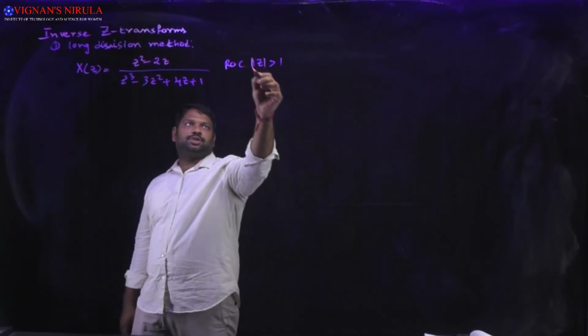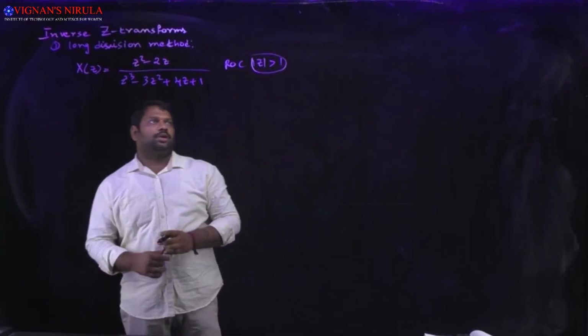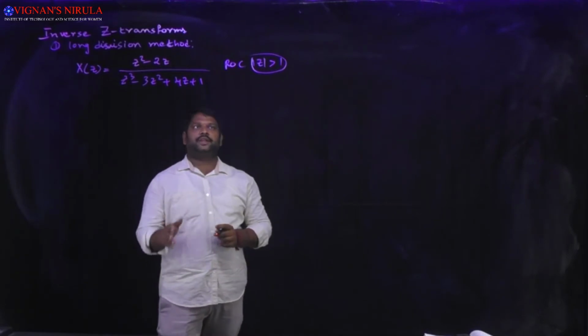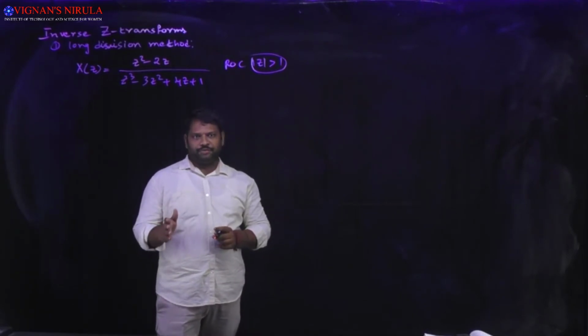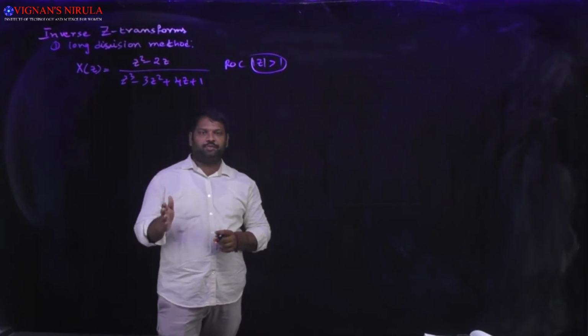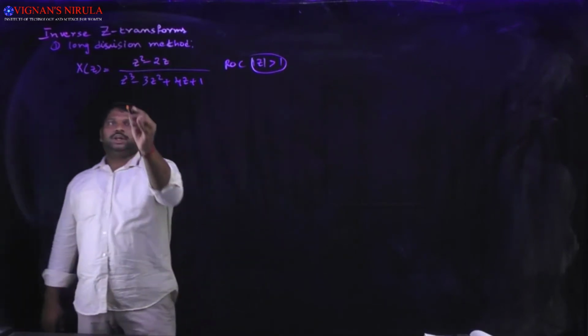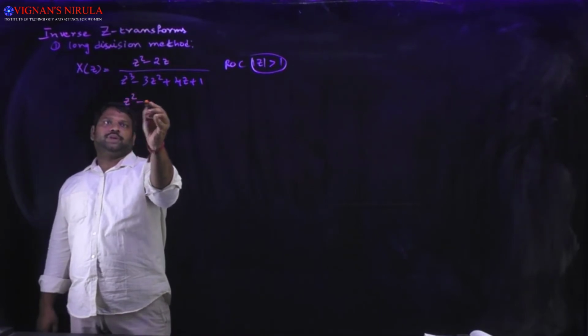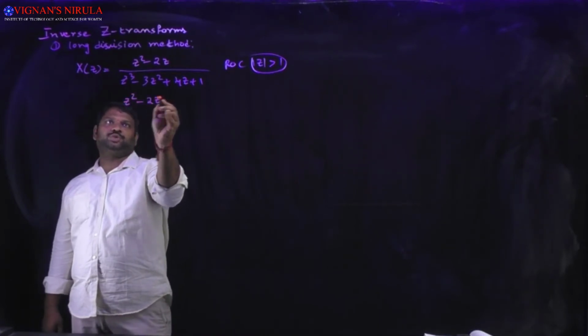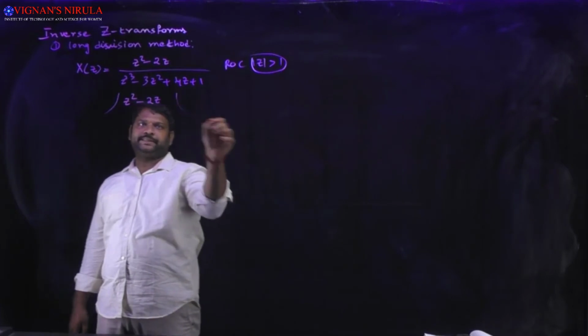When they ask to perform the long division method for mod z greater than 1, then perform the division for the positive powers of z, whatever the given form. If it is given in the negative forms also, convert them into the positive forms of z, then perform the long division. I am taking the numerator as z square minus 2z as it is.